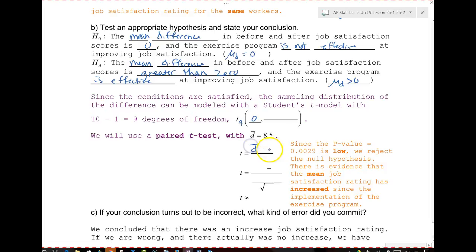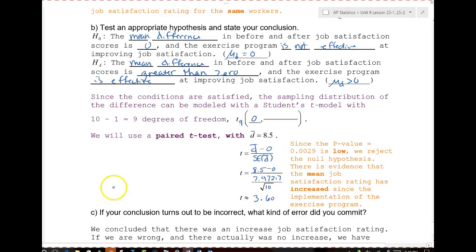Remember, it's d bar minus 0 over the standard error of the mean of the differences. So that's 8.5 minus 0 over 7.4217 over the square root of 10. And that approximately gave us 3.6. It was 3.59, whatever. So 3.60, close enough.